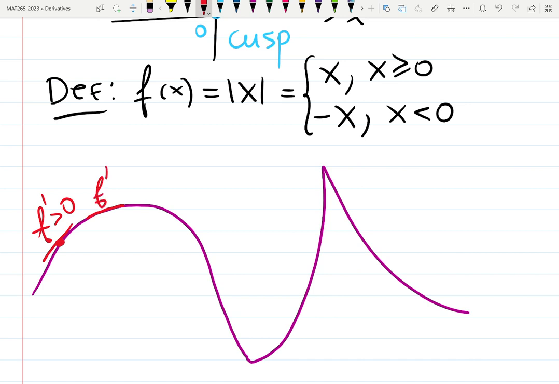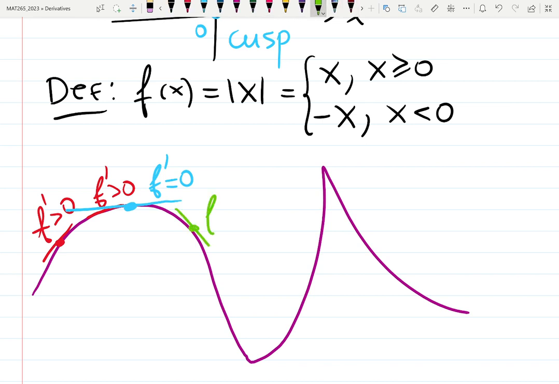Derivative is positive. Then, when there is a point at the top or the bottom, the derivative suddenly becomes 0. Because now you're not hiking up and you're not hiking down. You're at the top or the very bottom, right? So derivative is 0.